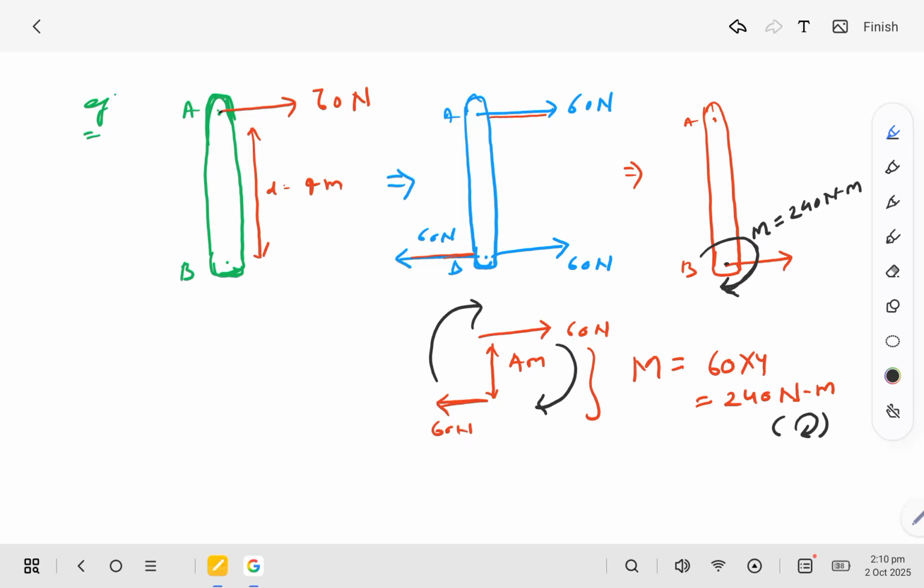This was the concept to shift a force acting on a rigid body to a new position parallel to the initial position with the help of the moment of couple. Thank you.